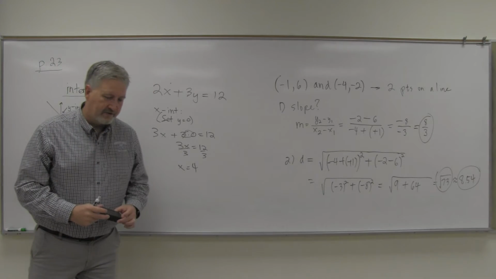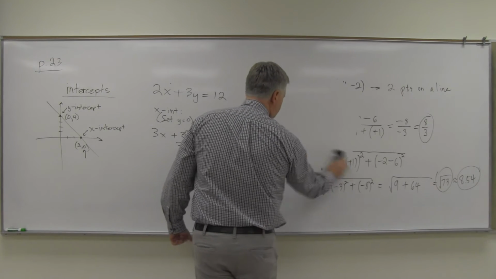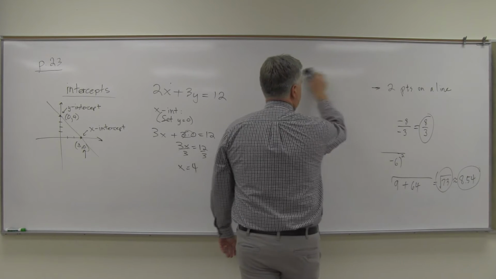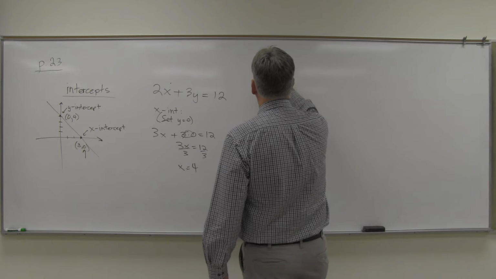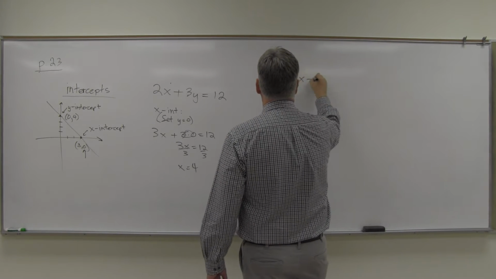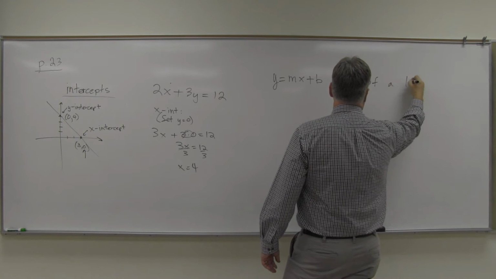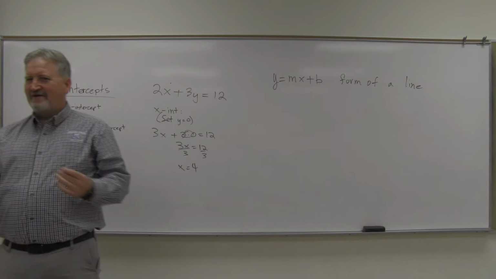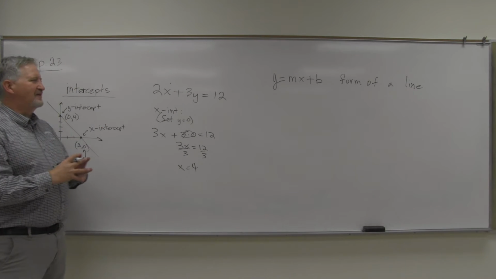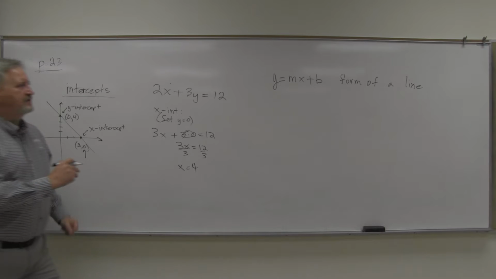So it says, recall that if a linear equation is written in the form y equals mx plus b, we're going to talk specifically about that form of a line. Recall, so you may have already talked about this, but let's just be sure here. That's the so-called slope-intercept form of a line.